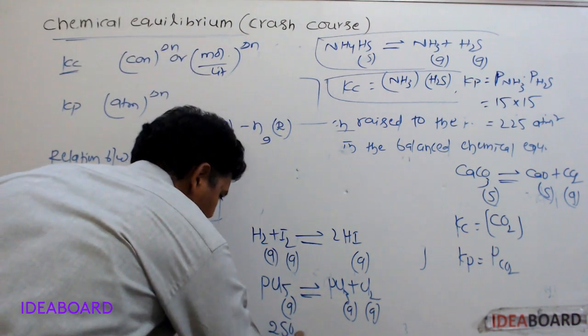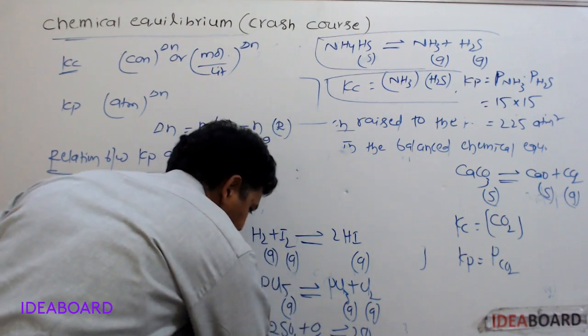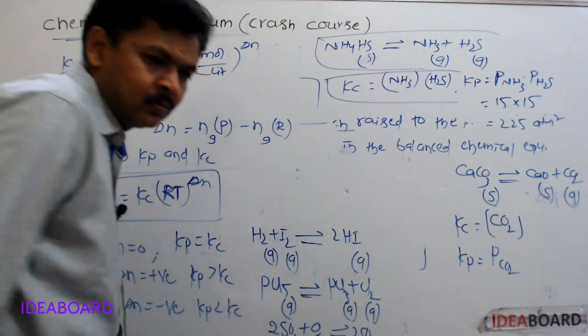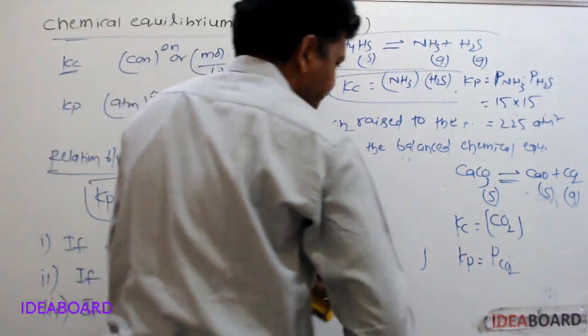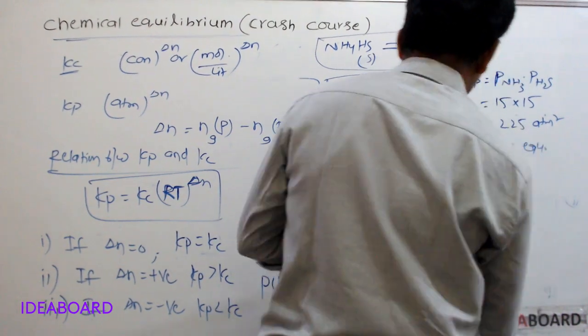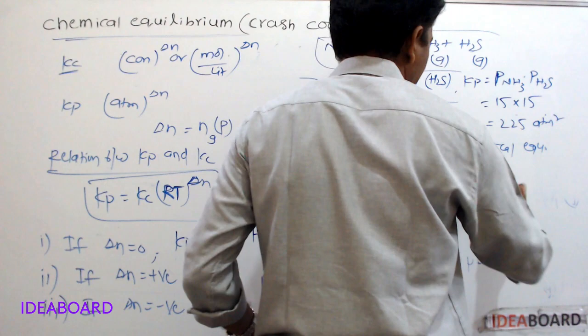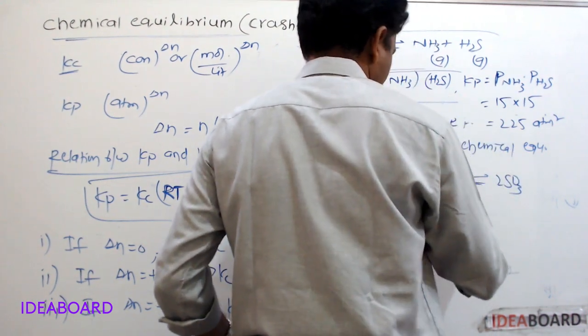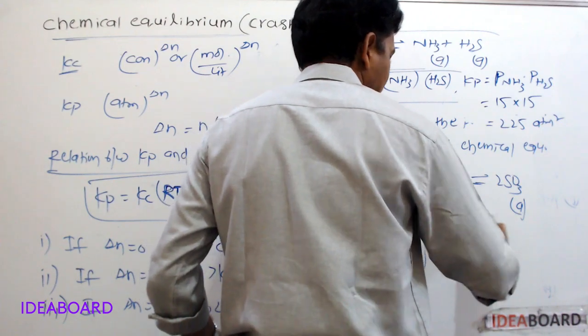We can write this example: 2SO2 plus O2 gives rise to 2SO3. For this reaction, delta n is negative.